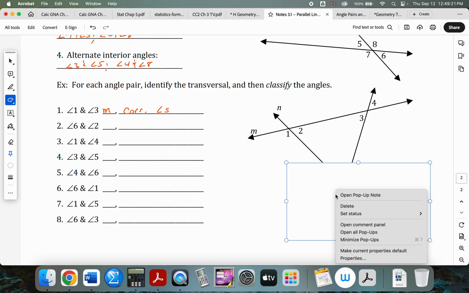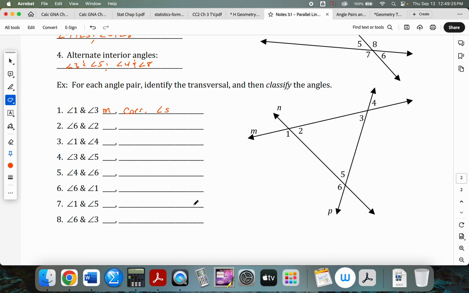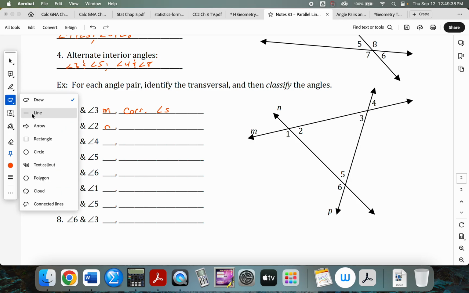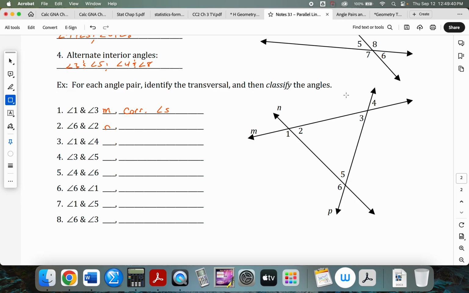All right, let me get rid of that. All right, angle 6 and angle 2. So, transversal for that. Yes, sir. N is the transversal. So, I don't need to be looking at anything up here. I'm just looking down here.